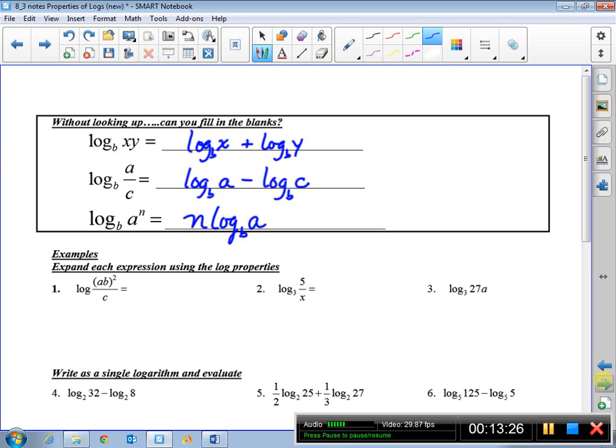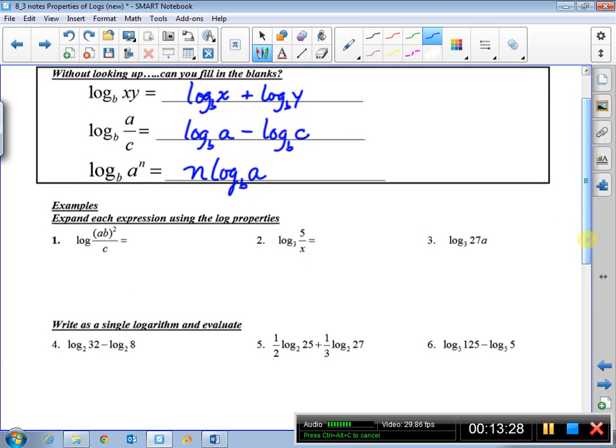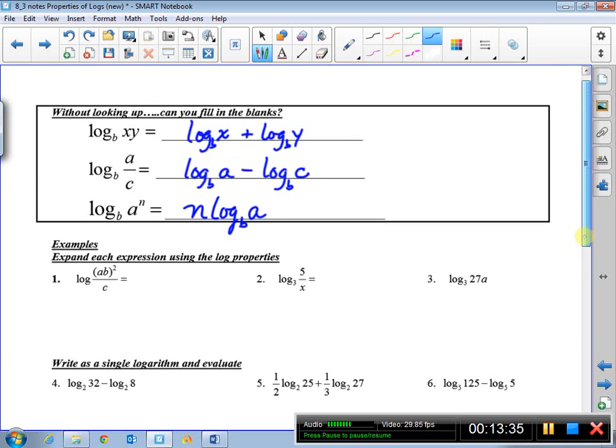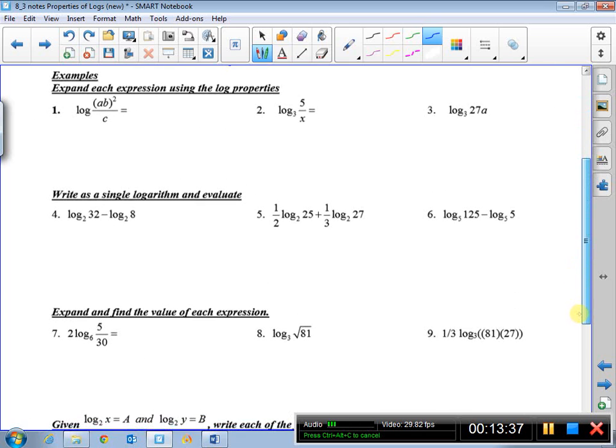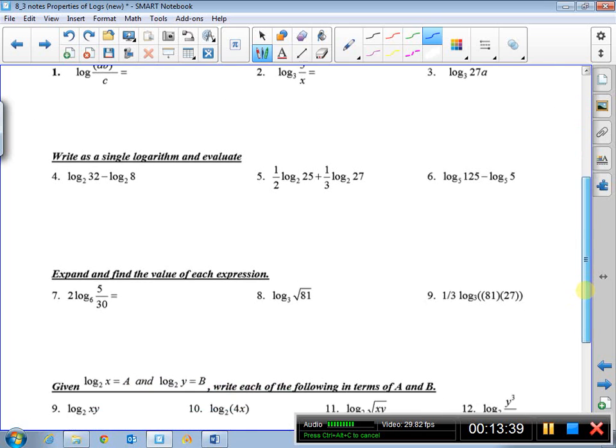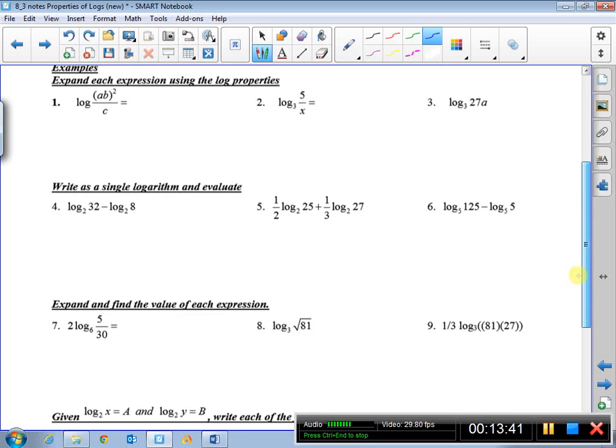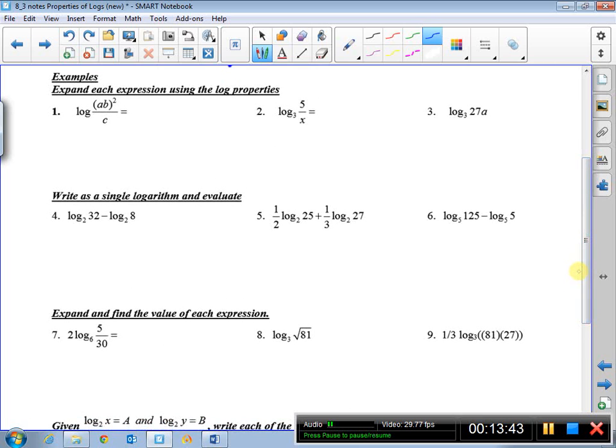Okay, did you get them right? It's a good thing to have on your formula pages and an excellent thing to memorize. You need to be able to go both ways. The previous chart went the other way compared to that one. All right, now we've got a nice full page of all sorts of examples. So let's start right from the beginning. And actually, I'm lying. I am not going to start with number 1. I am going to start with number 2 and number 3. And we'll come back to number 1.